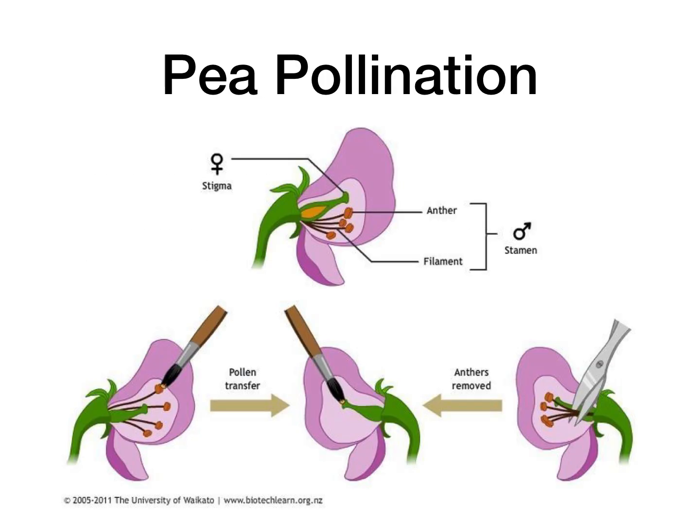Mendel controlled pollination. So in this image here, you can see that this is the female part of the plant, and this is the male part. And the anther here releases the pollen and it lands right on top of the stigma. That would be self-pollination.